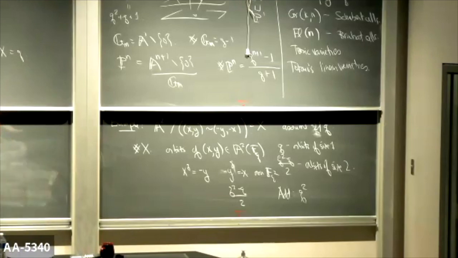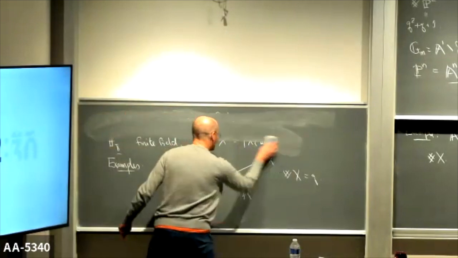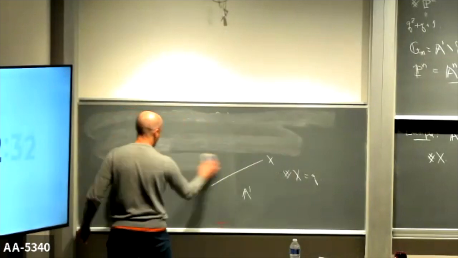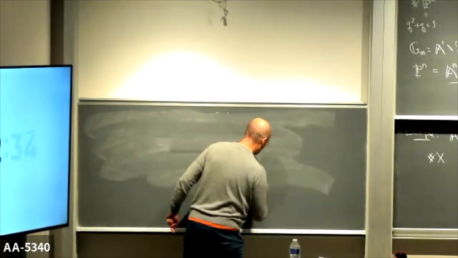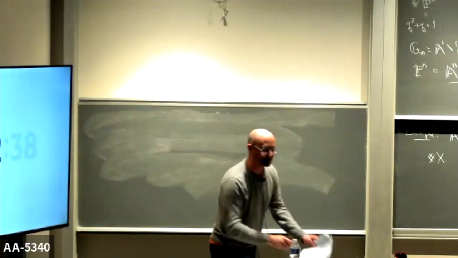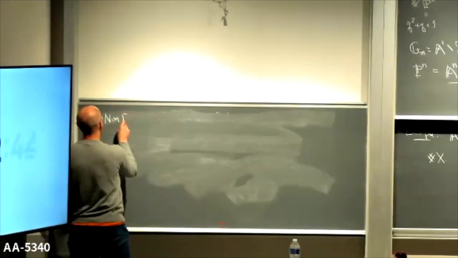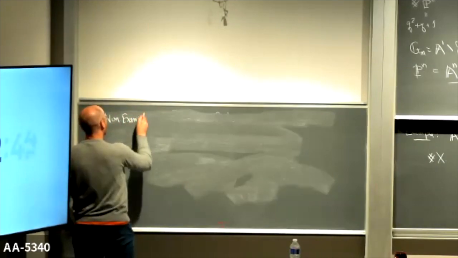And then, of course, as Prospero said, there is more in heaven and earth. So not all varieties have polynomial point count, and so let's remind ourselves of that. So this would be a non-example for polynomial point count.